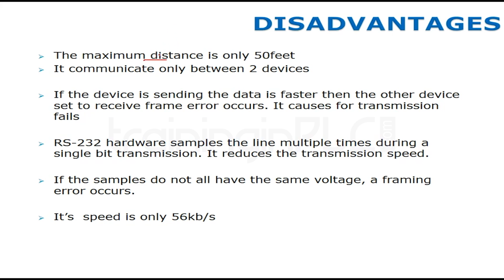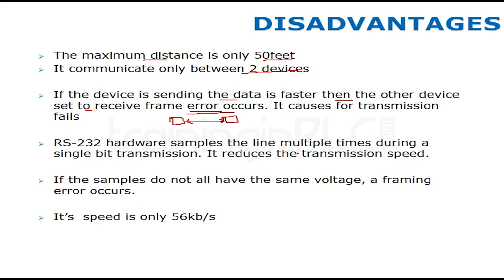It can be used at a maximum distance of 15 feet and it can communicate only two devices. If the device sending the data is faster than the device set to receive, a frame error will occur. As I told you, if your sending device and receiving device do not have the same speed, it will give an error.